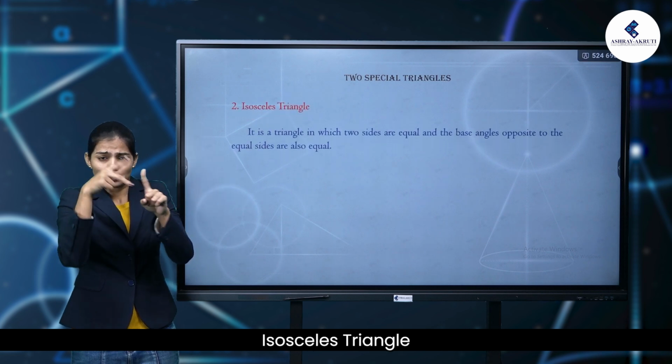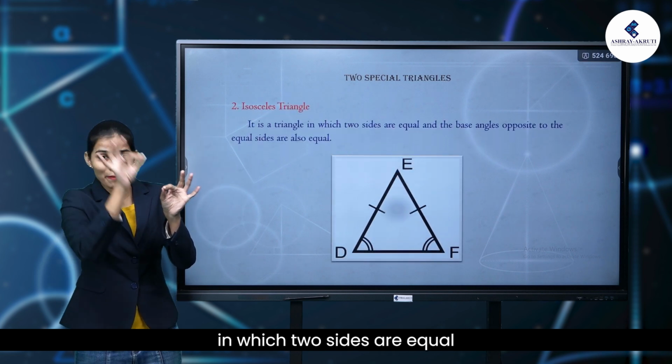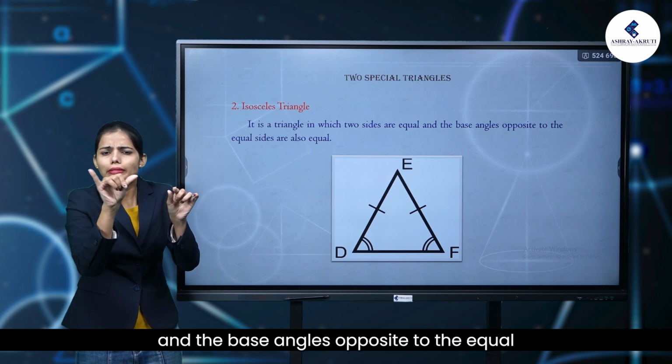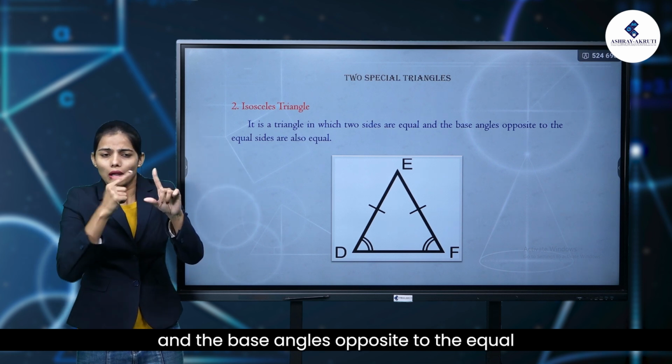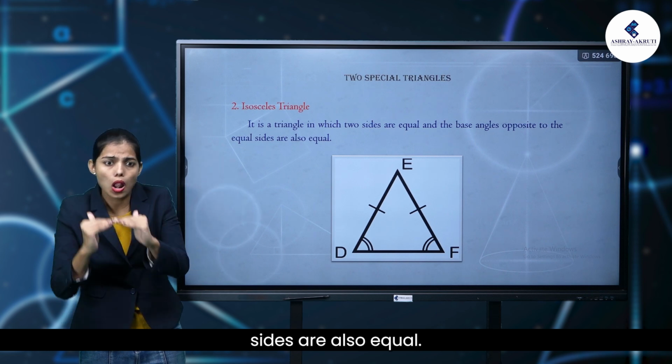Isosceles triangle. It is a triangle in which two sides are equal and the base angles opposite to the equal sides are also equal.